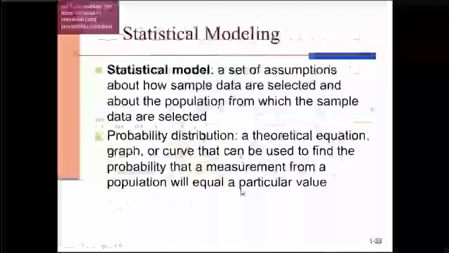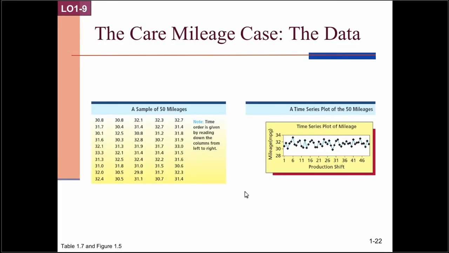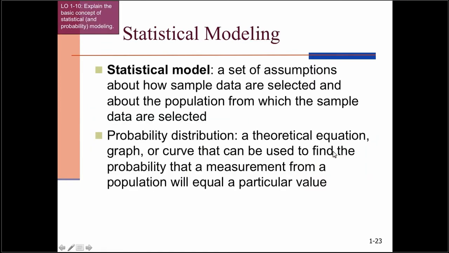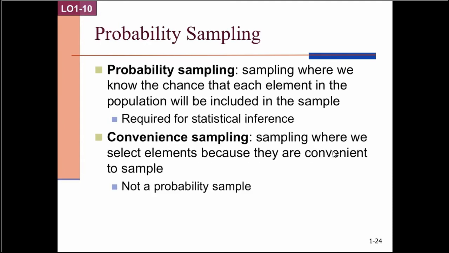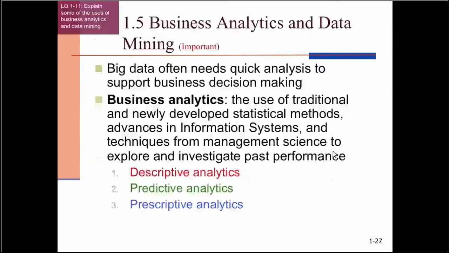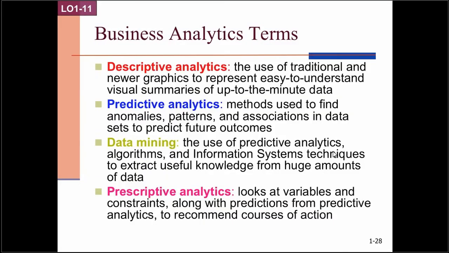Or let's go back here, this is some type of descriptive statistics. We are showing you the mileage rate over production shift, and we are looking at the mean, for example. If you remember the means, the variation and the variance, those are the types of descriptive statistics or analytics you can use, however with bigger data.